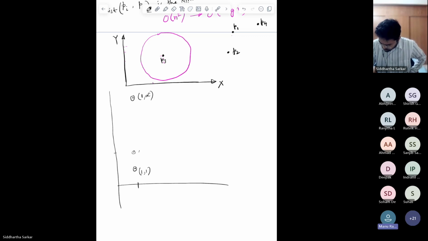So this is P3 now you're drawing: 1, comma 2. For the same y, which is 2 here, x will be infinity, so infinity, comma 2. So the projections are very close to each other, but the points are too far apart, as a counterexample.